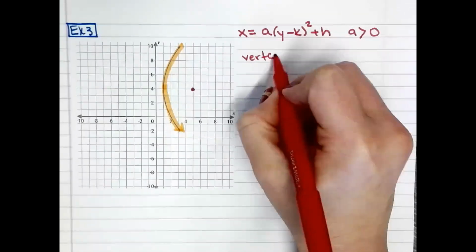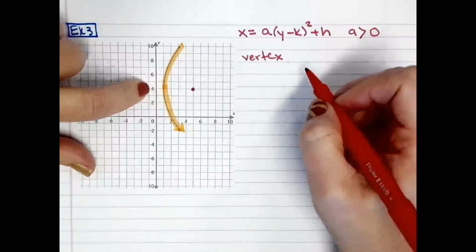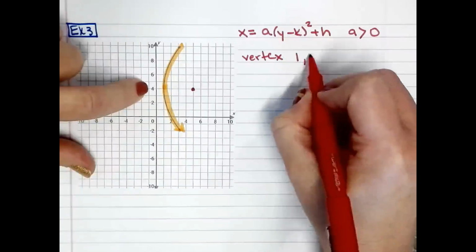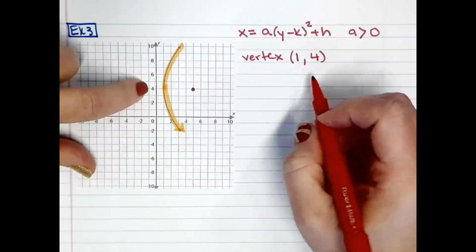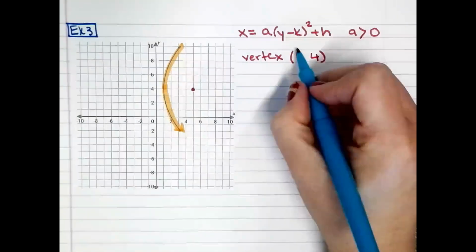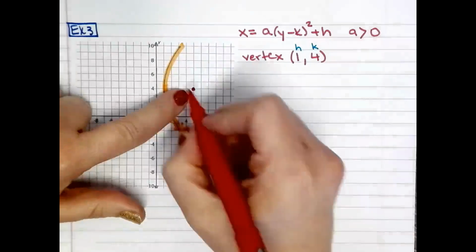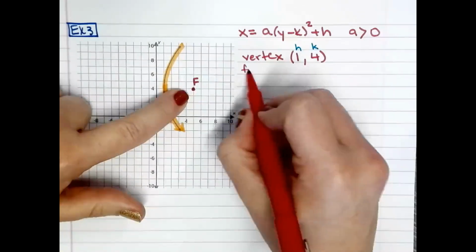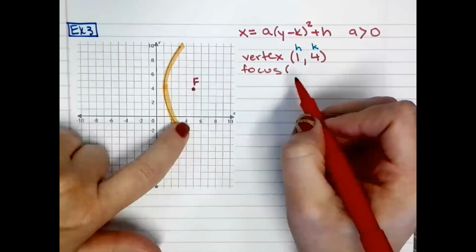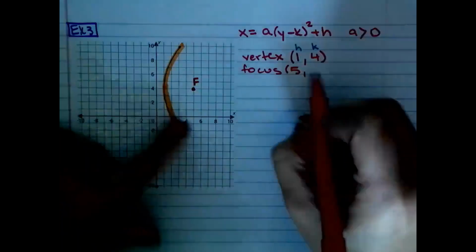The vertex is 1, 4. Remember, the vertex is h and k, still h and k. And then here's the focus, which is 5, 4.